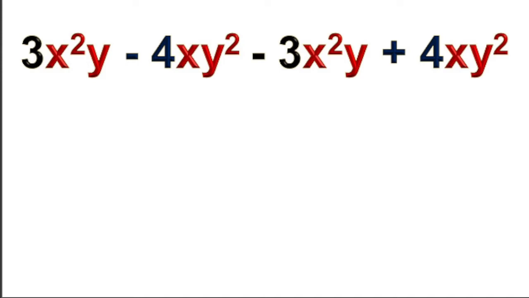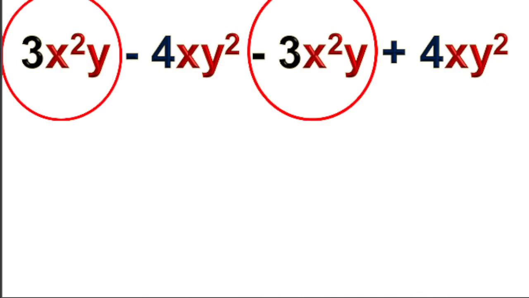Let's try this. 3x squared y minus 4xy squared minus 3x squared y plus 4xy squared. In this example, at first, these four terms look like they are like terms. But 3x squared y and negative 3x squared y are like terms.